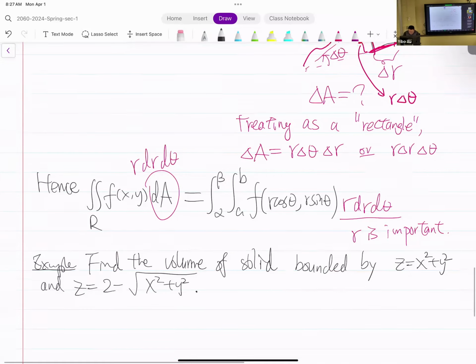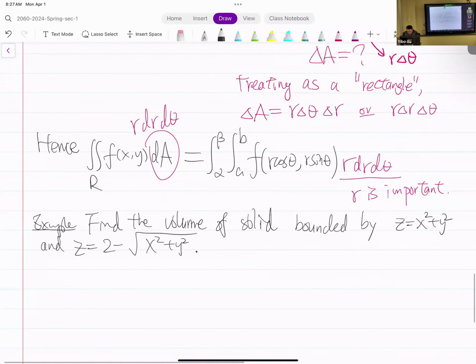I want to mention that if you see a sum of squares, especially under the radical, it's a hint that you probably want to use polar coordinates.